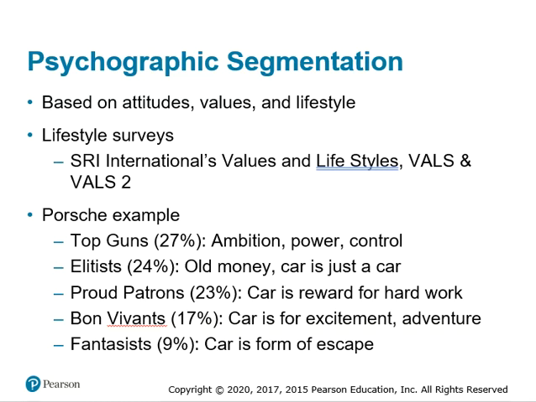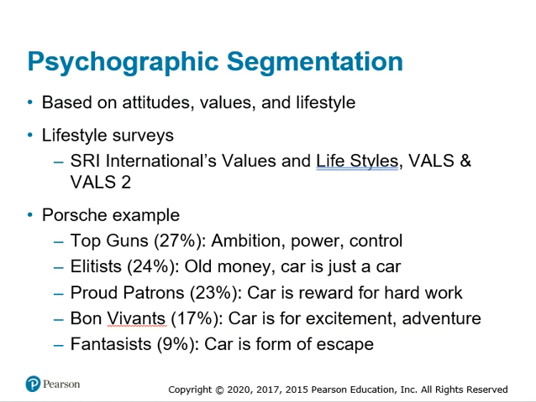Psychographics are related to how people feel, what they believe, and their lifestyle preferences. It's very different than demographics like income or age. So VALS and VALS 2 have been used for years based on lifestyle surveys to provide psychographics.